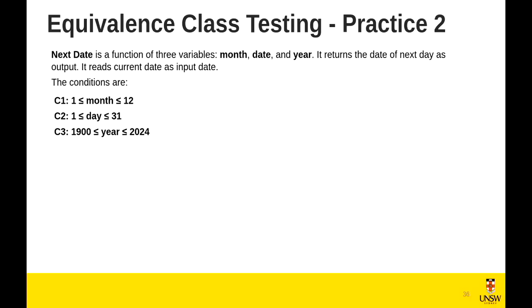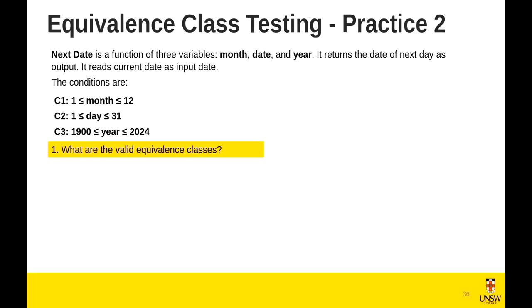Some years are leap years. For different months, the upper limit for the day is not 31, and February is more complicated because in a leap year, February has 29 days. It is also related to the year, so we should have more complex conditions combining days, months, and year. That's in reality, but in this example, let's just assume we only have these 3 conditions.